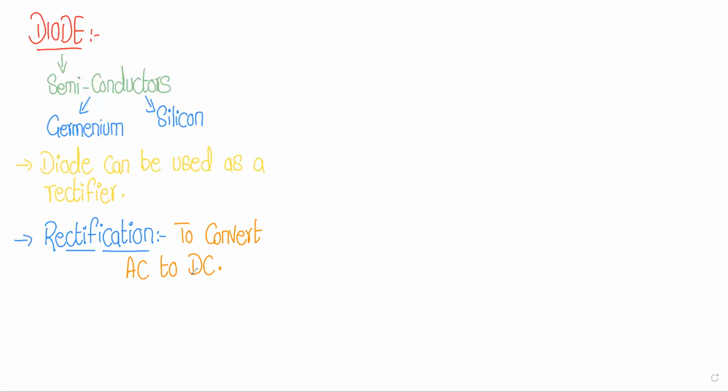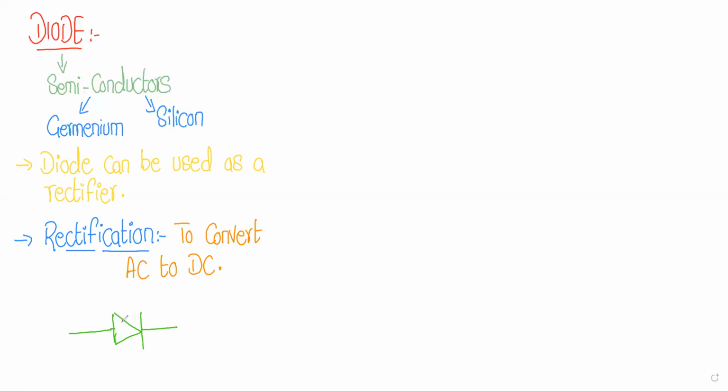And the electrical symbol of a diode will be like this. Whenever you see this diagram or component in a circuit, you can identify that this component is known as a diode.